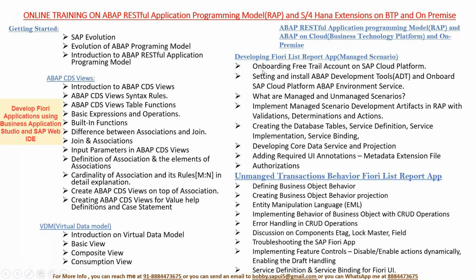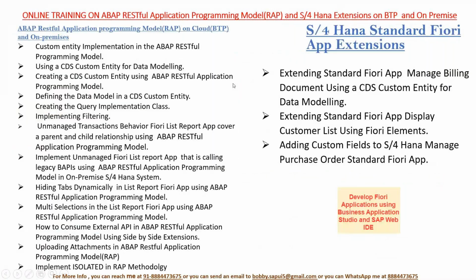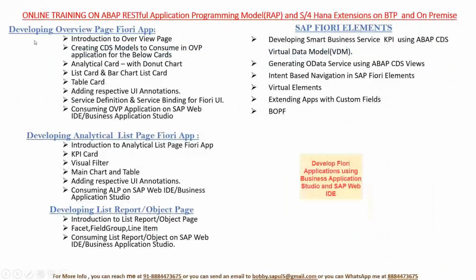Then we will move to developing the overview page Fiori app, analytical list page Fiori app, and list report object page Fiori app using ABAP CDS views with UI annotations, developed in WebIDE as well as Business Application Studio in BTP. Then we'll develop the KPIs, virtual data model, virtual elements, and everything.